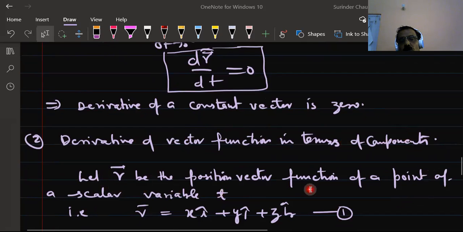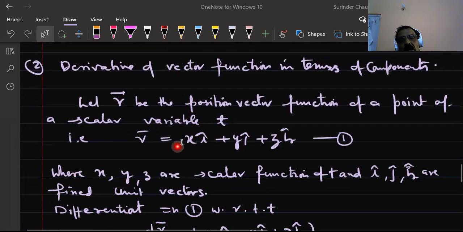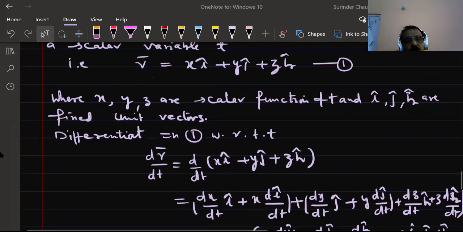Let r be the position vector function of a point, r equal to x i plus y j plus z k, where x, y, z are scalar functions of time, and i, j, k are fixed vectors. Therefore, differentiating with respect to t, dr/dt is the sum of the derivatives. The formulas of differentiation in vector calculus are the same as in differential calculus.